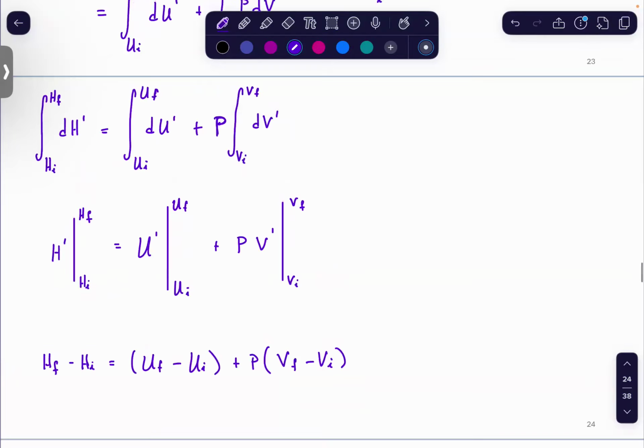Which, if you're looking at this, becomes our more notable version of our enthalpy equation. It's going to be delta H equals delta U plus P delta V. So this is the one you'll see more often. So I'd make sure you know this equation and get used to using it as we're going along.